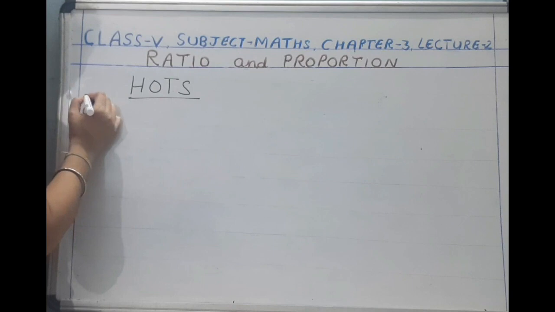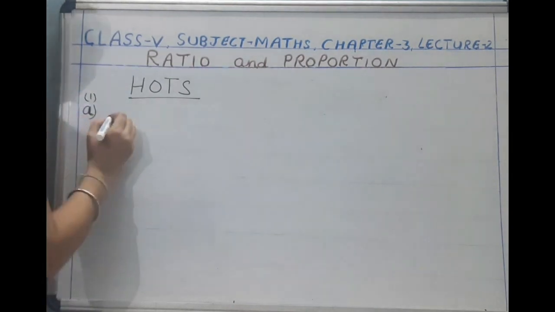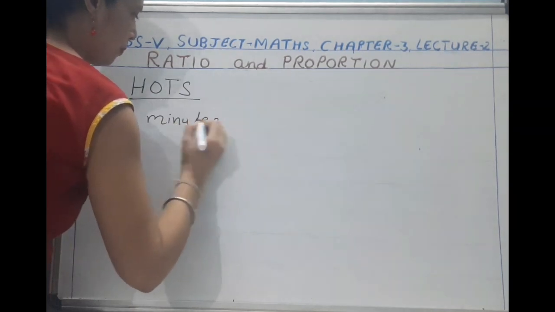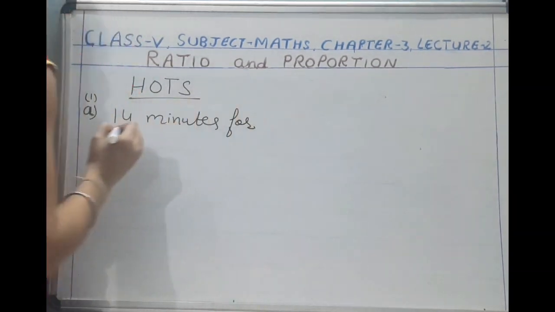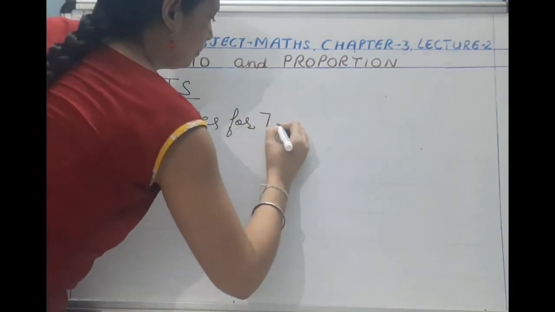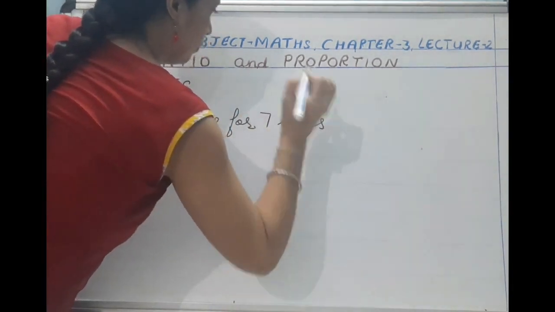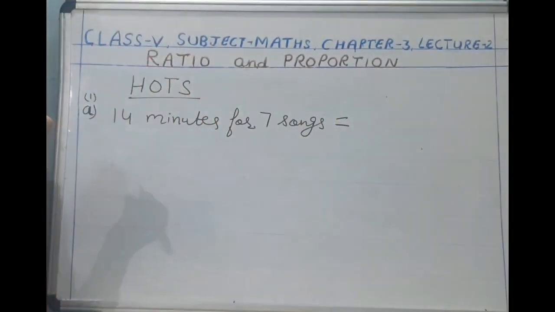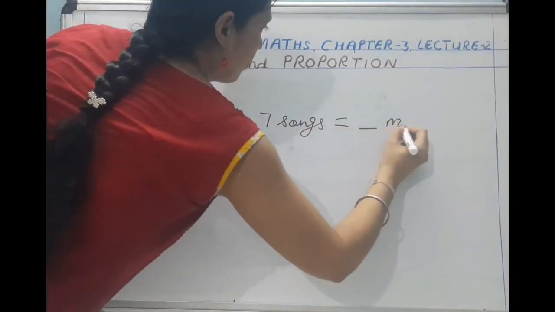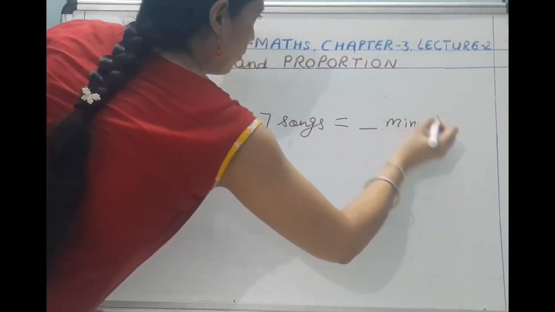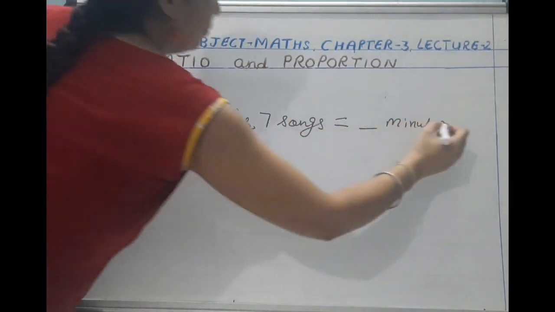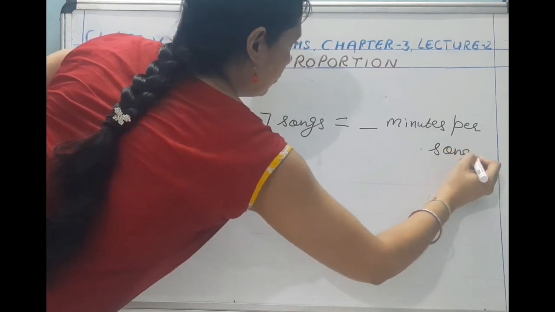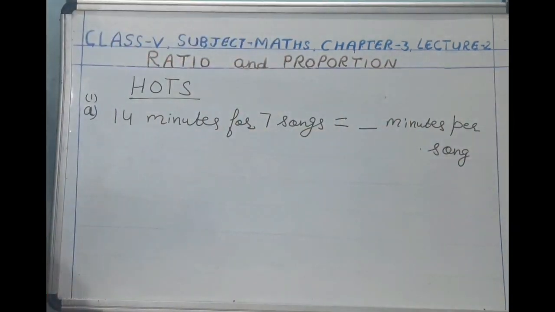Only one question has A and B parts. 14 minutes for 7 songs is equal to dash minutes per song. Okay, 14 minutes for 7 songs.